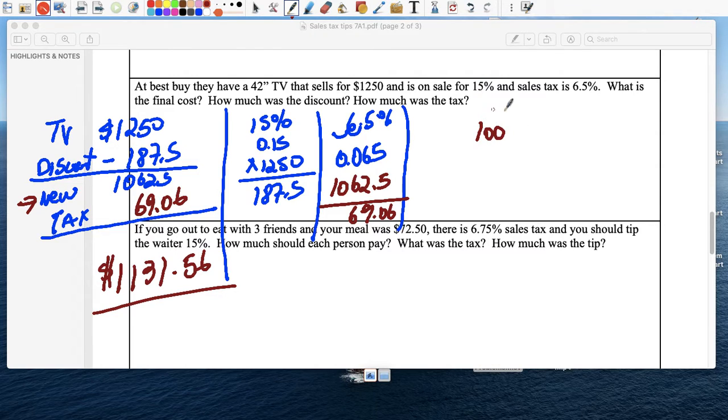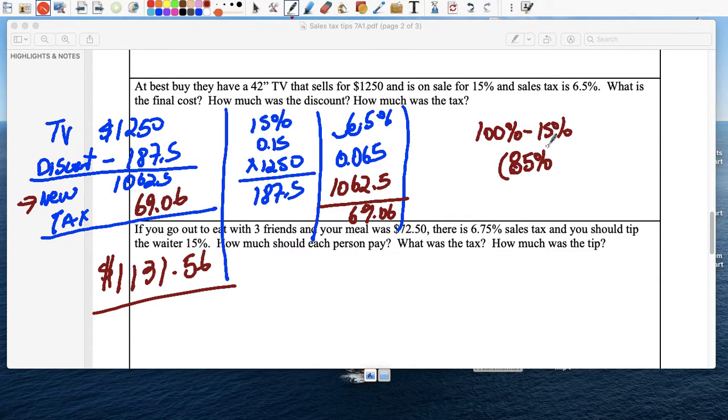Let's focus on the sales tax. It's 100% minus the 15%, right? So I'm responsible for 85% after the discount. That's the first thing.